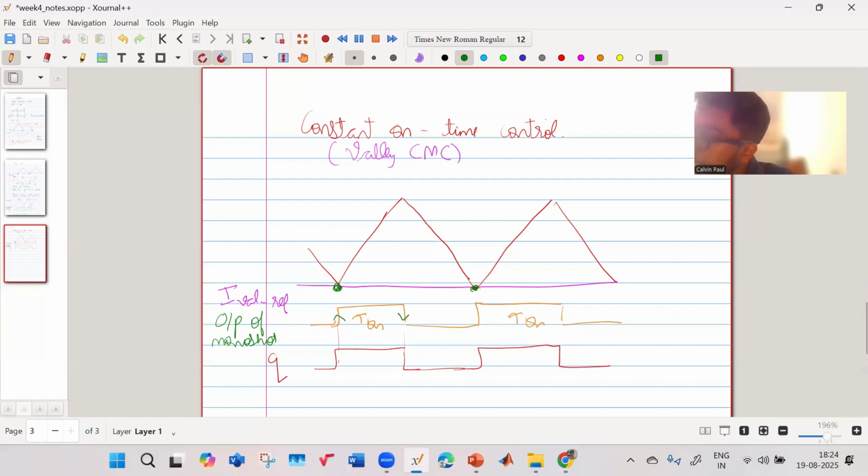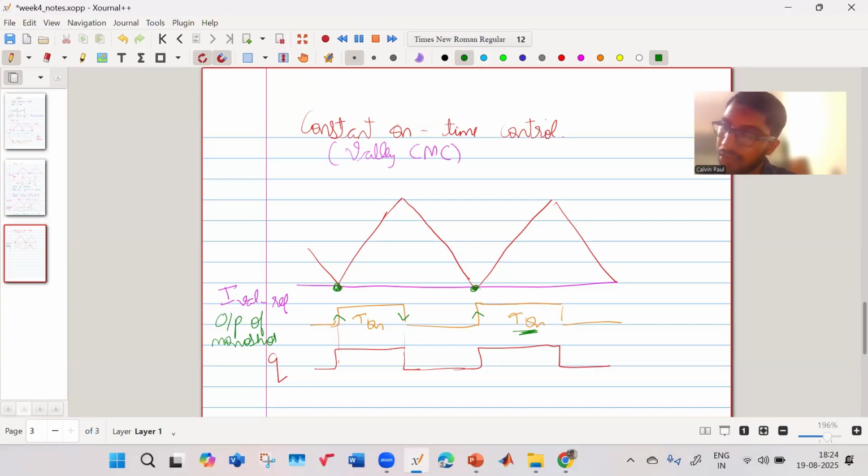And when it again touches the valley, again you have a rising edge. Your monoshot timer is on, your gate signal also is on, and so on. It will be on for the fixed duration T on, which is fixed because this is constant on time control. And then again it turns off. Okay, so this is the logic of constant on time control.